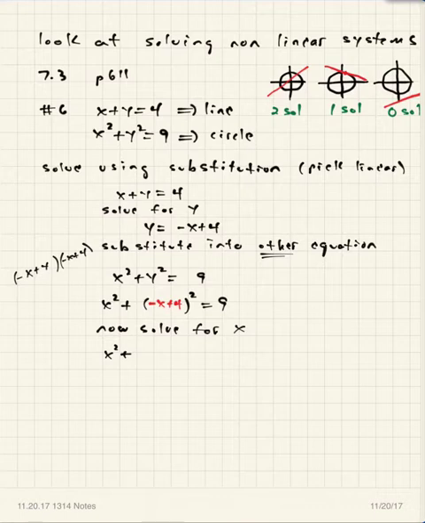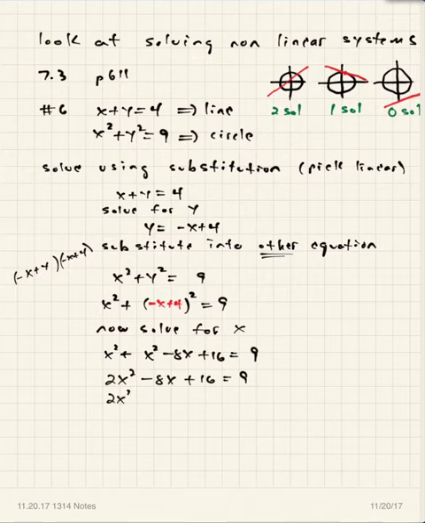So when you multiply that out, you get x squared minus 8x plus 16, because you're going to get two negative 4x's in there. And that would equal 9. And so I've got a quadratic equation. I solve that quadratic. I get 2x squared minus 8x plus 16 equals 9. I just collected like terms there. And then subtract 9, and you get 2x squared minus 8x plus 7 equals 0.